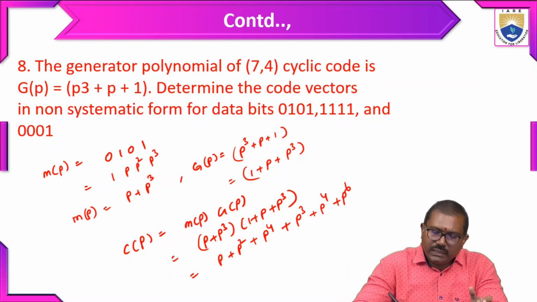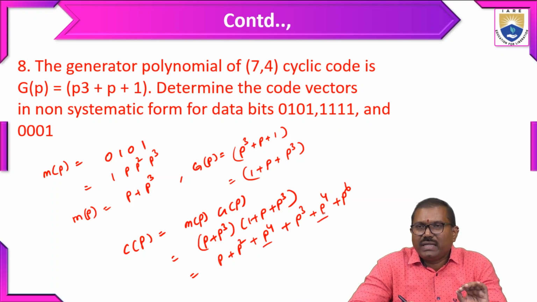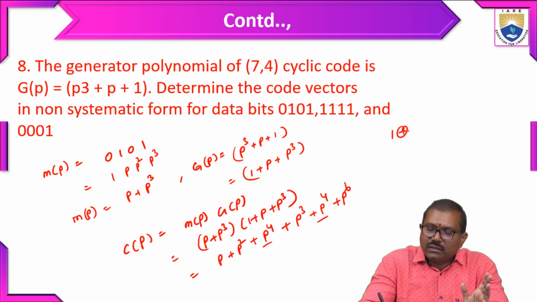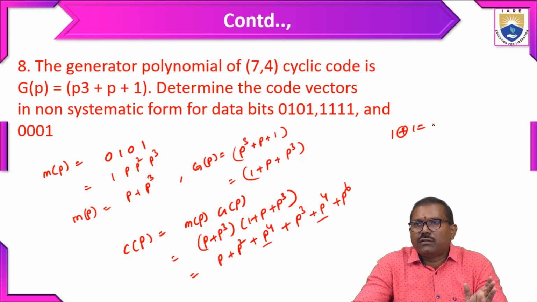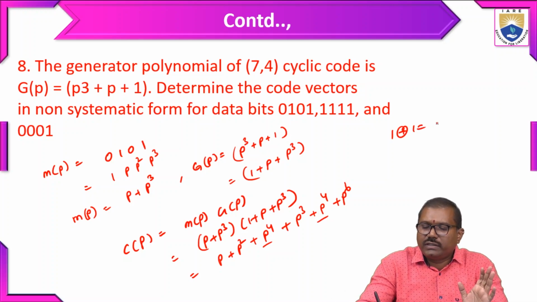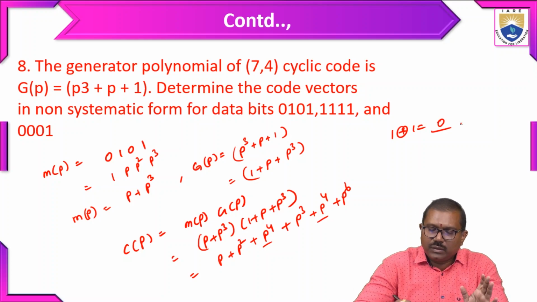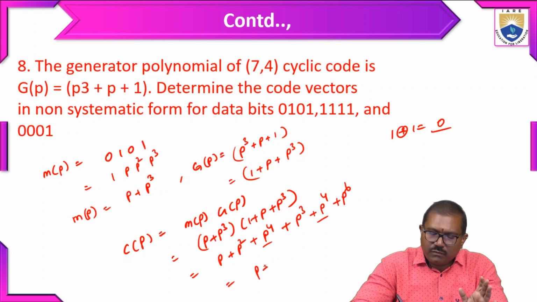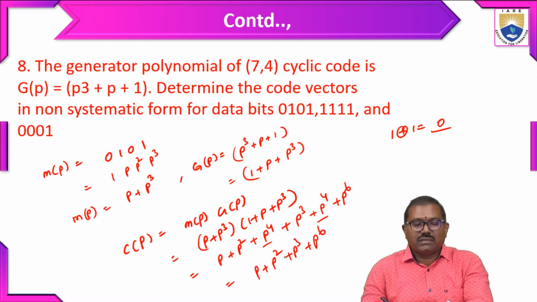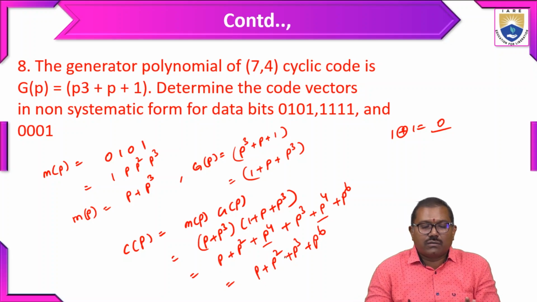Here P^4 terms are there twice. So simply XOR operation. Not P^4 plus P^4 is 2P^4. In block codes or cyclic codes, 1 XOR 1 gives 0. So the P^4 term is absent. So what you get: P + P^2 + P^3 + P^6. What do they ask? Generate the code vector or code polynomial.